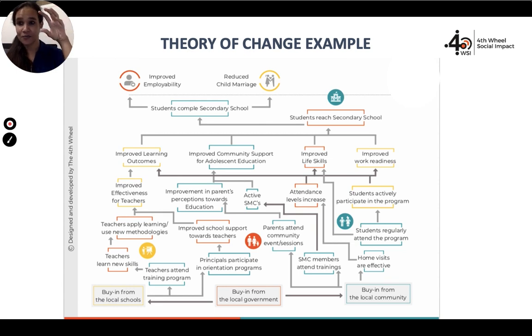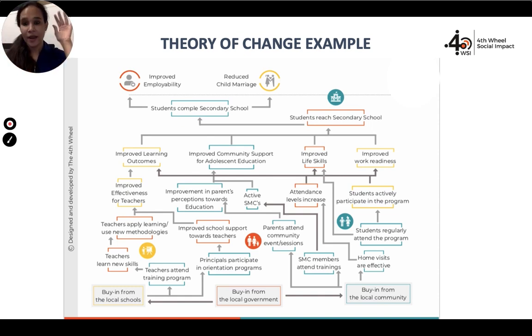Improved life skills for their aspirations to improve and for them to reach secondary school. And of course, they need to have some sort of work readiness, so that when the aspirations increase, they say, okay, this is my career plan or my aspirations and these are the skills I need for it.